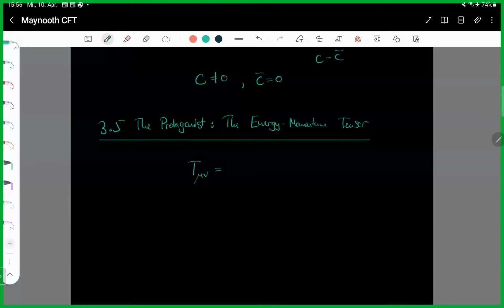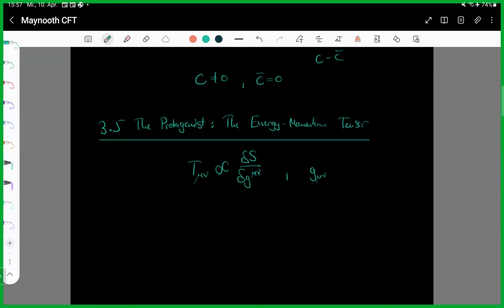I won't be very precise here, but what you can do is think of the energy momentum tensor as the variation of an action with respect to a metric. There are other ways. For instance, you can take the Noether current prescription and define the energy momentum tensor as the current for translations.